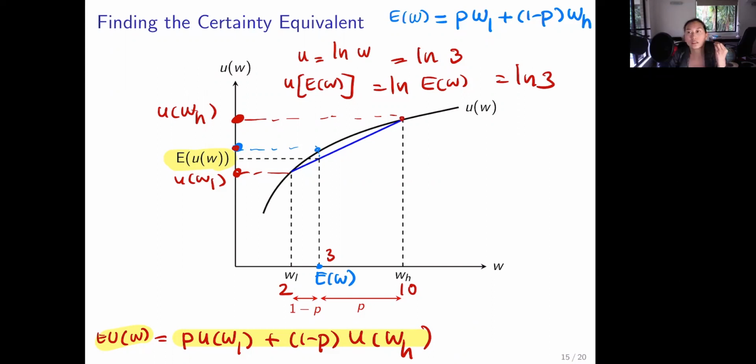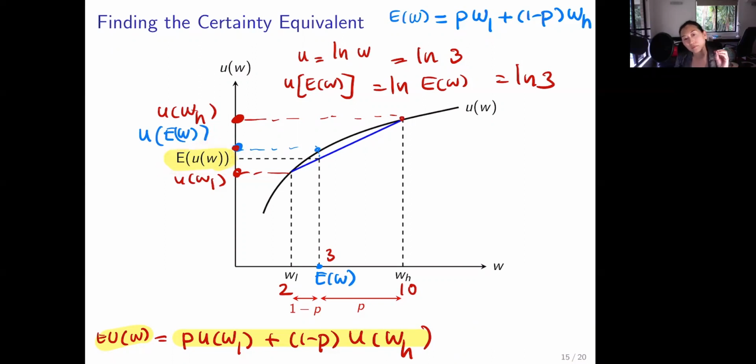Because of the concave utility function, this consumer would prefer the U of the sure thing over the uncertain option.